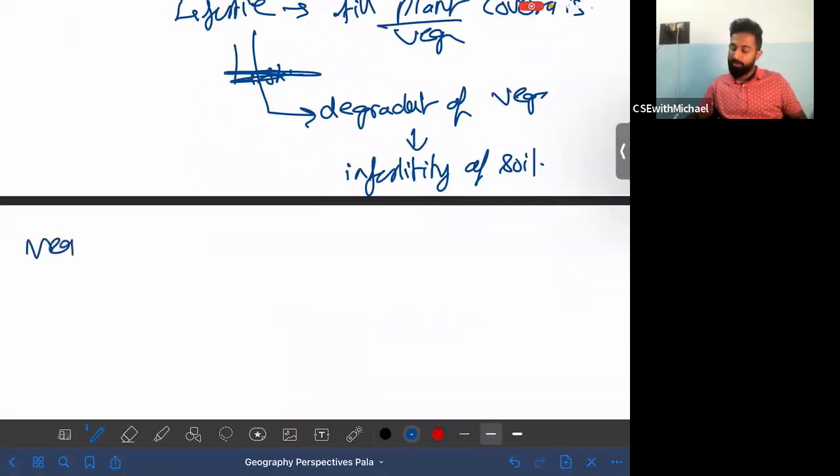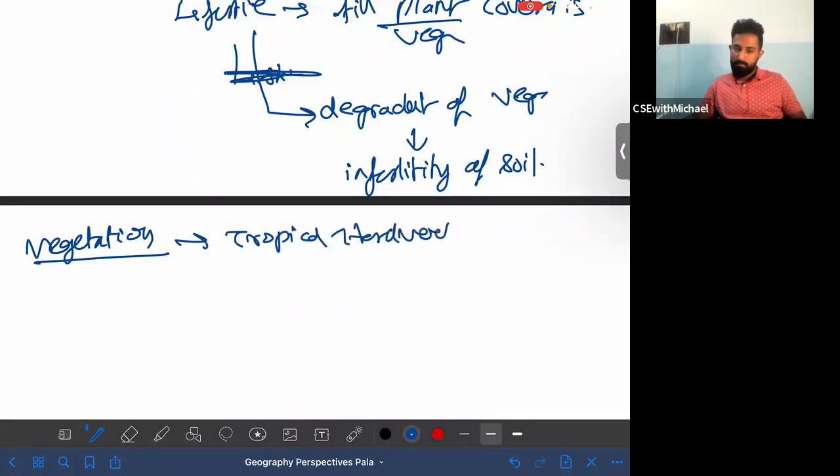Now, when you look into vegetation, the most conspicuous factor about this region is there are tropical hardwood trees, which is characterized by tree canopy.